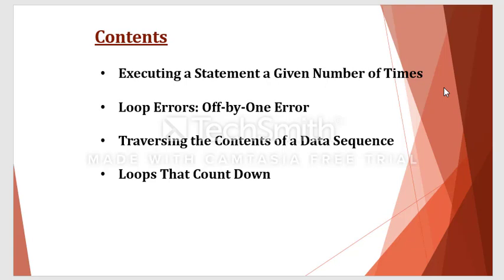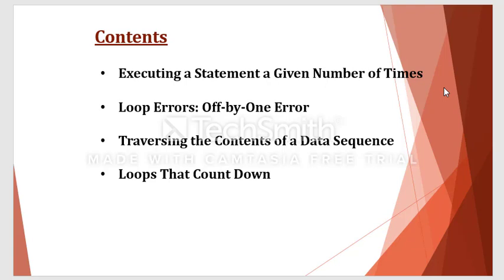Next, while we are executing loops, we may come across different errors, especially one called the off by one error. Next, we traverse the contents of a data sequence, such as a list or tuple, which contains some number of elements.